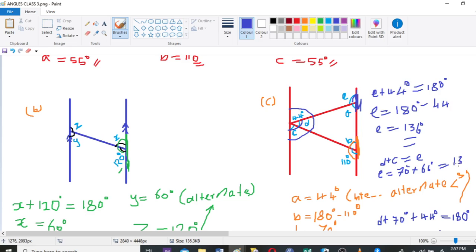136. So provided you know all the properties we discussed in the video, then you should not be facing any problem when it comes to calculating the size of different angles on parallel lines, on a straight line, inside a triangle, or exterior angles of a triangle.